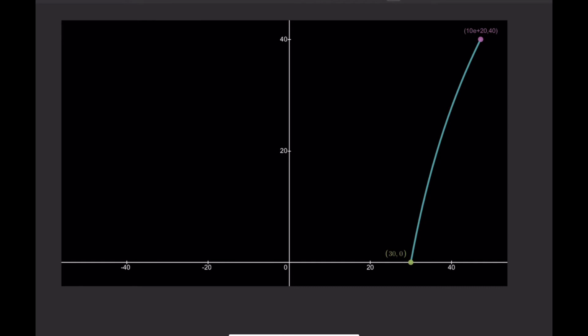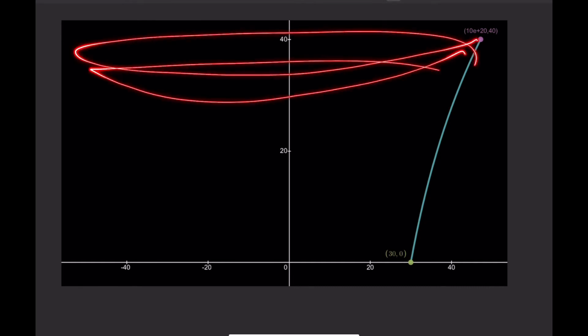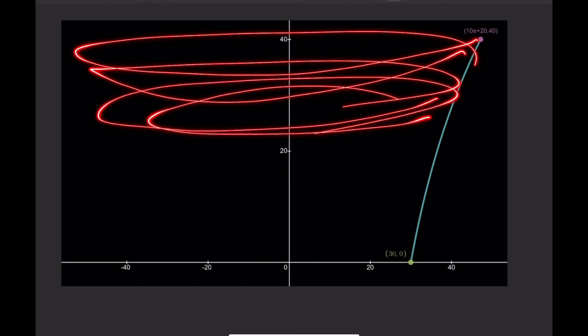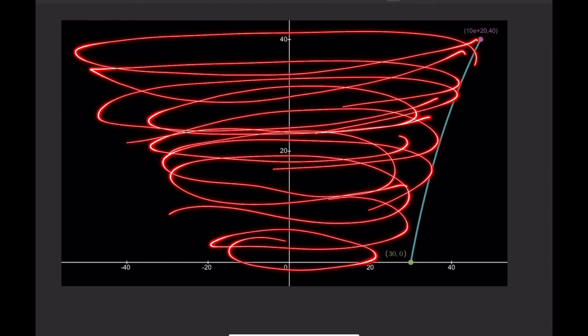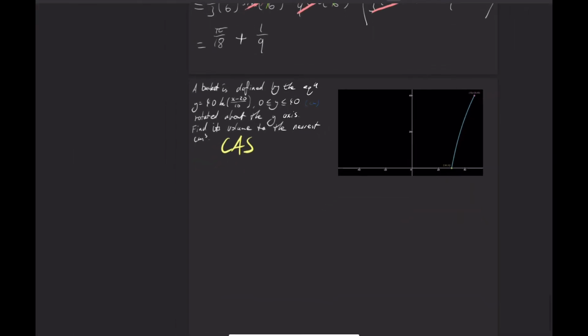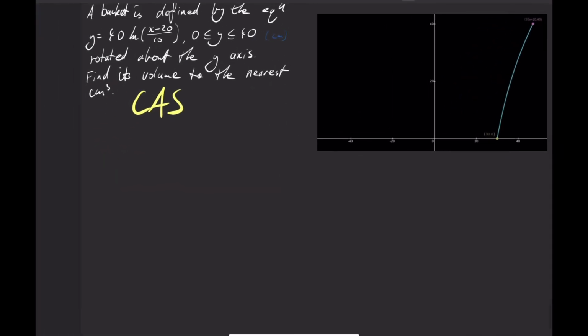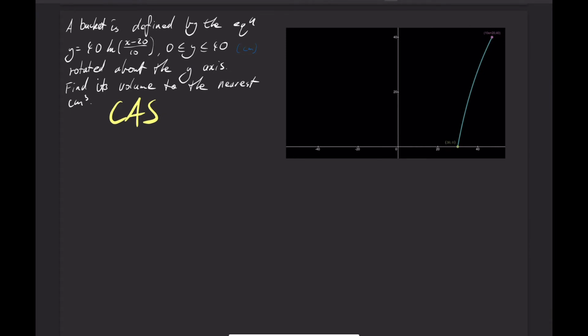As you should know, this is going to be the sum of all these infinitely many disks as we go down this bucket. So the formula we're going to be using is as follows. Our volume will be equal to pi times the integral from a to b of our x value squared with respect to y.